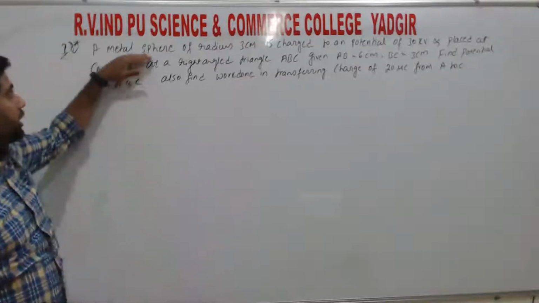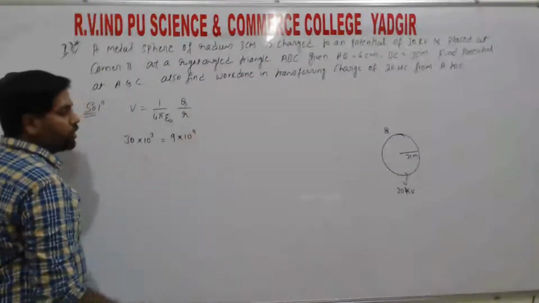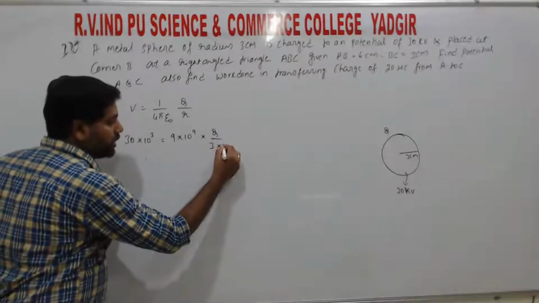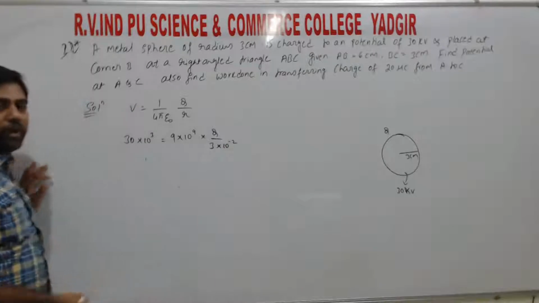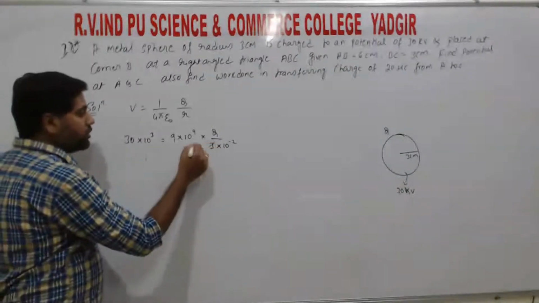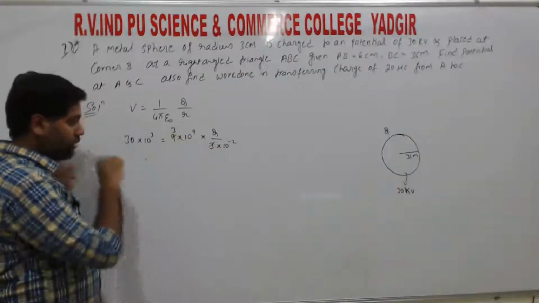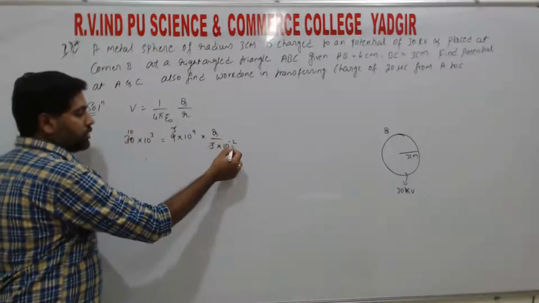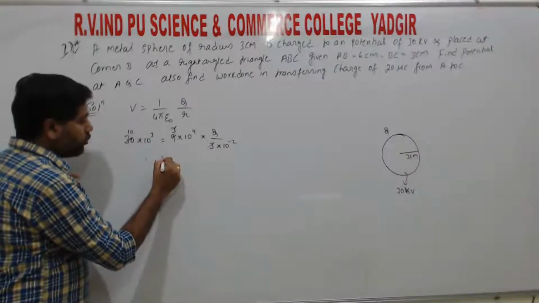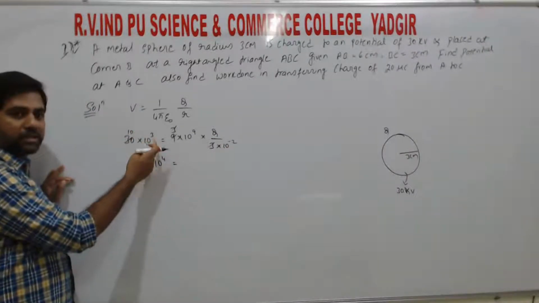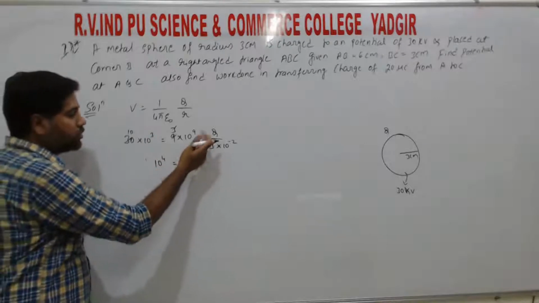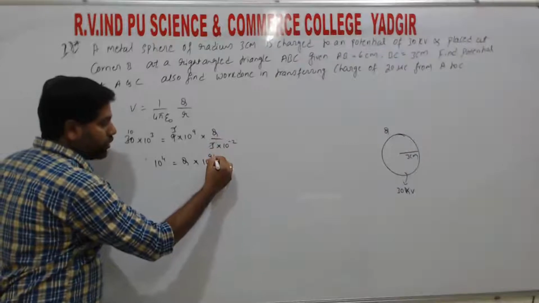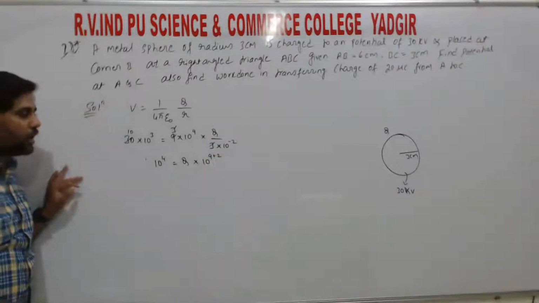So the question: a metal sphere, potential is 9 into 10 to the power of 9 into Q divided by the distance, given 3 centimeter, 3 into 10 to the power of minus 2 meters, right? So 3 nines are 27, so this becomes 10 to the power of 4, that is equal to Q into 10 to the power of 9 minus 2, it goes to the numerator, it becomes plus 2, right?